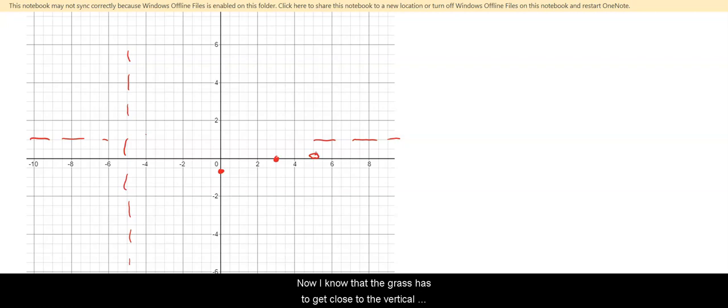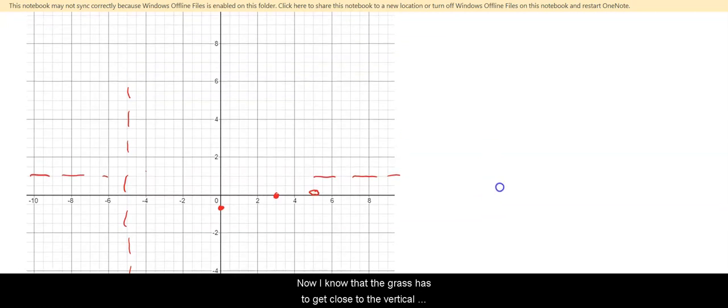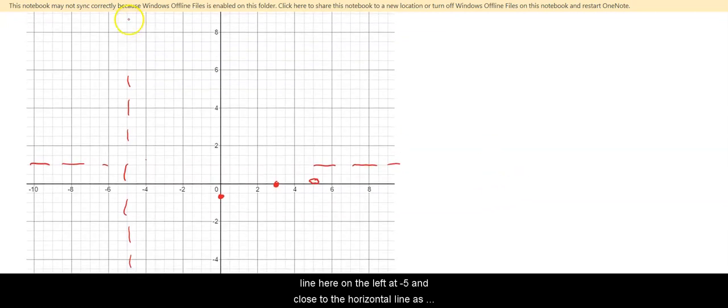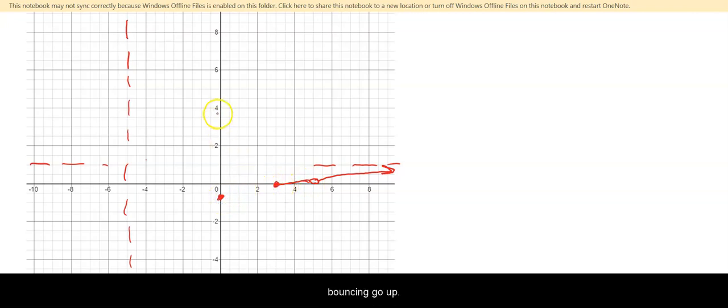Now I know that the graph has to get close to the vertical line here on the left at x = -5 and close to the horizontal line as it moves off to the right. Since it clearly has to skip over the hole, it's got to come up like this and then get close to this point here. Since it goes from the X-intercept down to the Y-intercept, it can't bounce and go up.